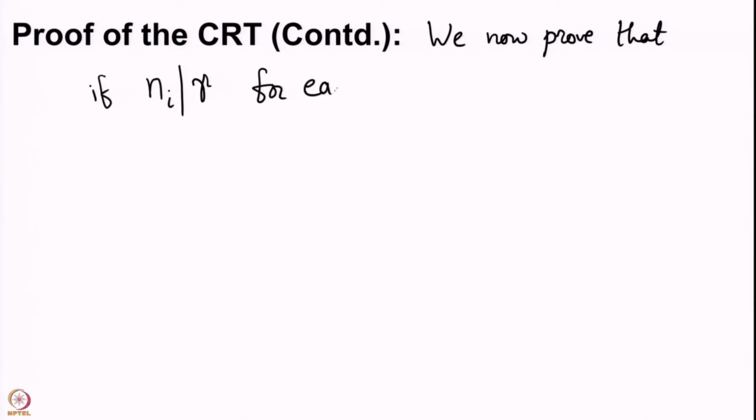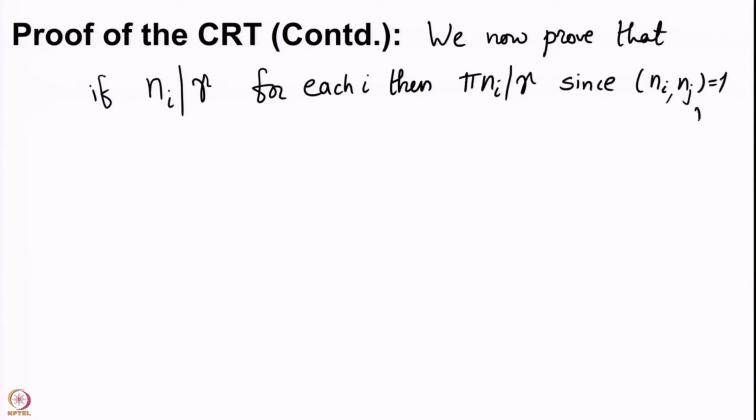So, we now prove that if ni divides gamma for each i, then the product of the ni divides gamma, since gcd of ni and nj is 1 for all i not equal to j.